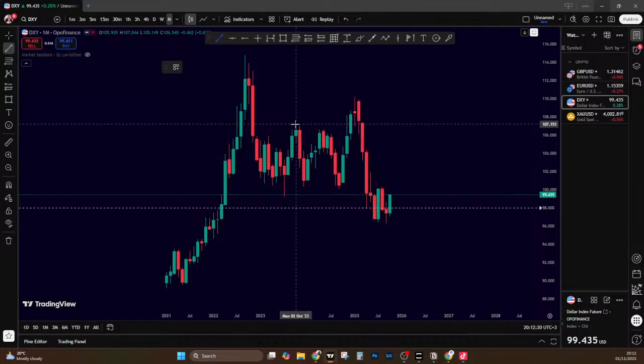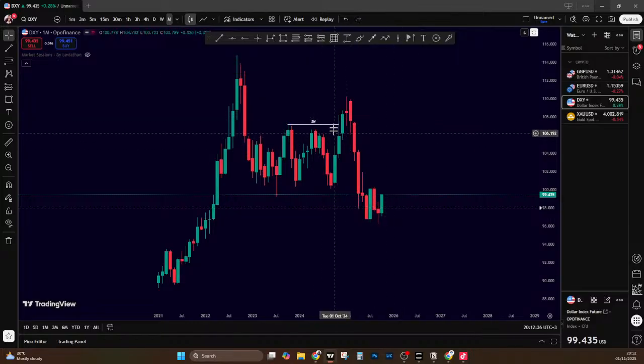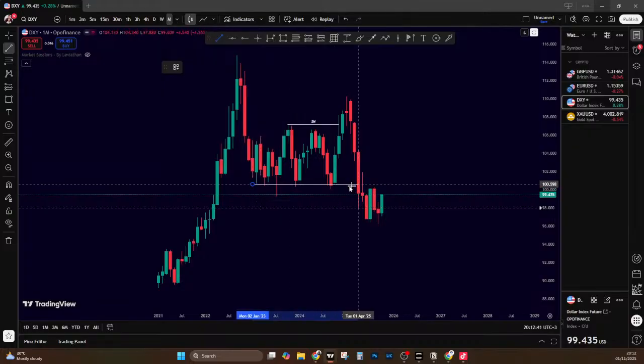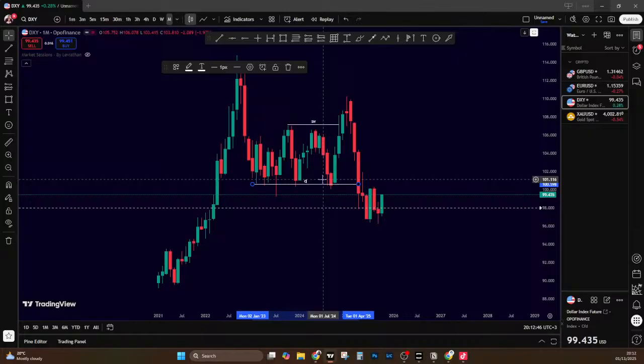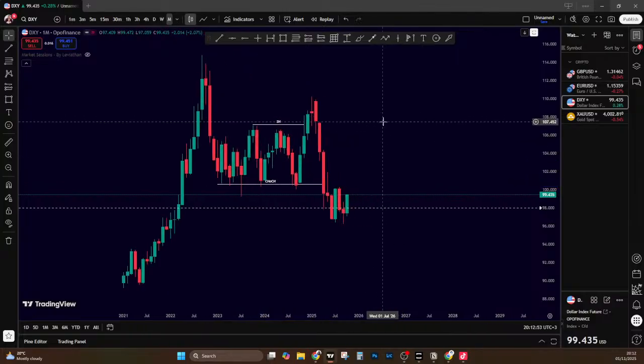This to me looks like a sweep of liquidity or a stop hunt. And then the market broke a major resistance level. This is one of the best indices to check to know how to trade euro and gold.